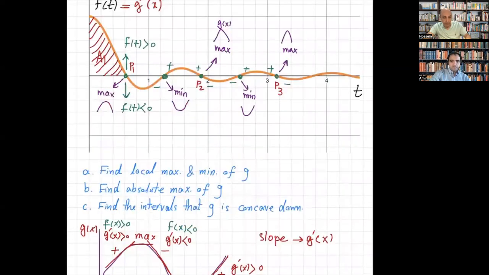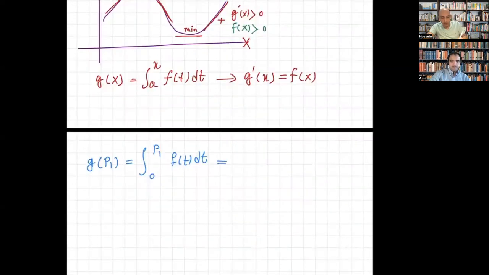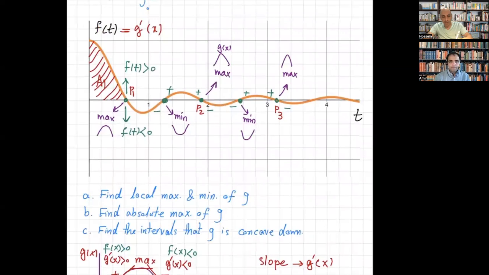And as I have shown on the graph, it's going to be A1, the area under the curve.